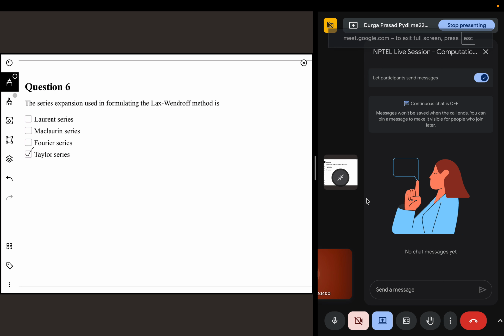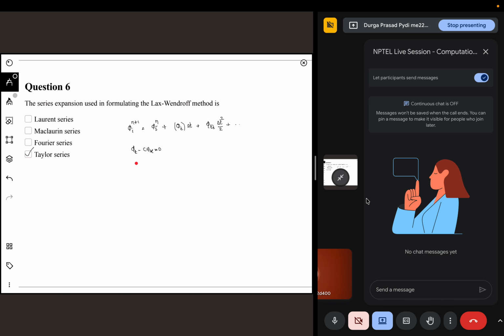So just to remind, the Lax-Wendroff method is where we approximate phi n plus 1 using the Taylor series: phi n plus the time derivative, again the second derivative, plus so on. And then we use the governing equation phi t minus c phi x equals 0.